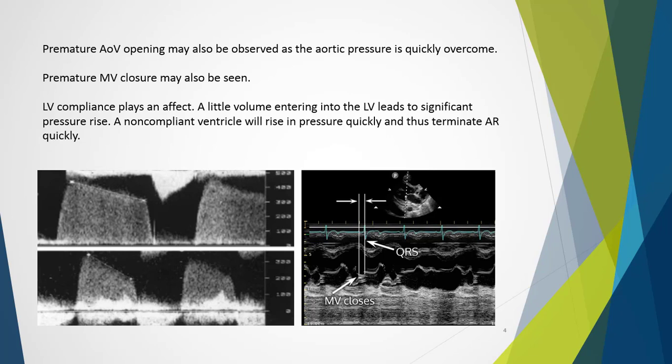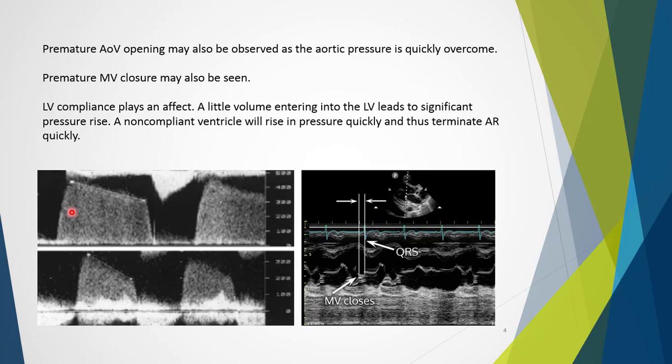This is then termed moderate diastolic dysfunction, which would progress to severe diastolic dysfunction, which is a marked decrease in compliance. The same principle applies to aortic regurgitation. A non-compliant ventricle will rise in pressure quickly and thus terminate the aortic regurgitation quickly. So the AR will appear much less impressive.